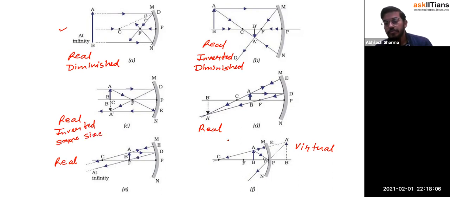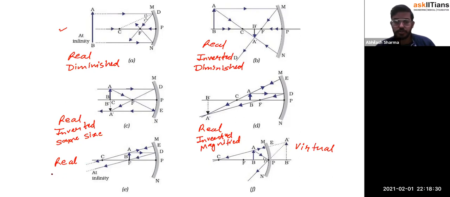In this case, well, real, inverted again, but magnified, because the size increased. In the next case, it will be magnified because when forming at infinity, it will be a pretty enlarged image, right?